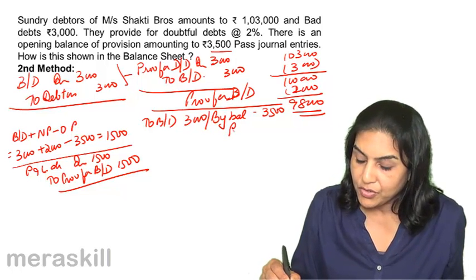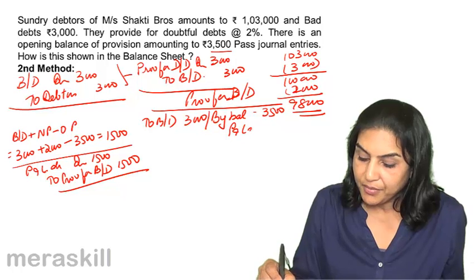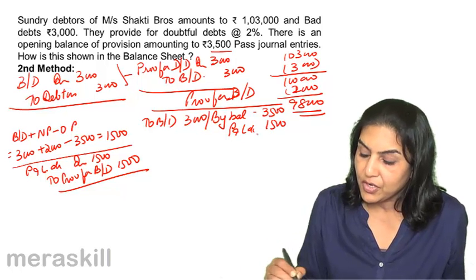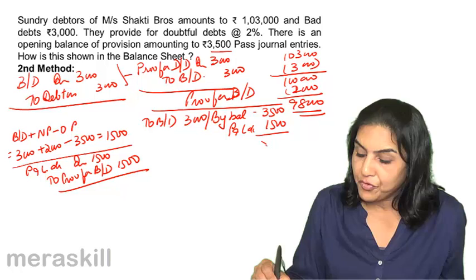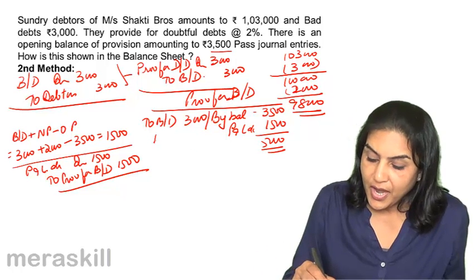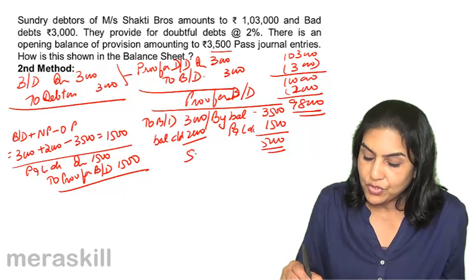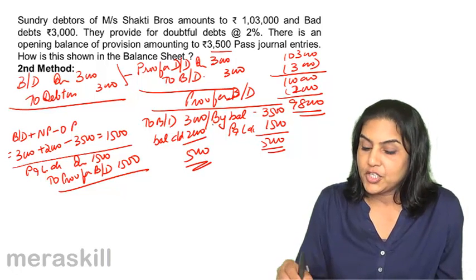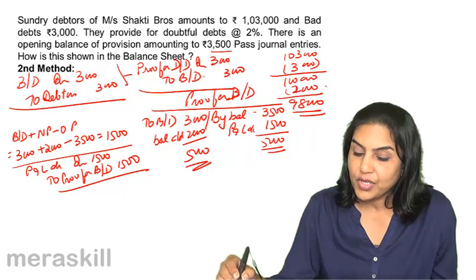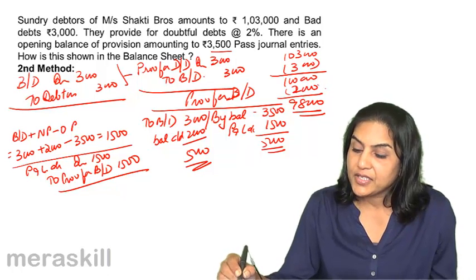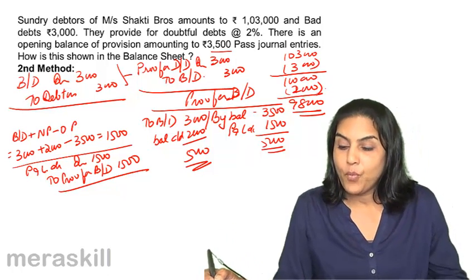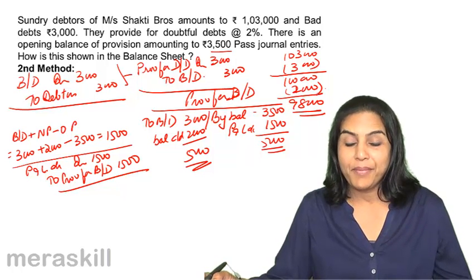Profit and loss account is debited, provision is created by profit and loss account, 1,500. Therefore, you have 5,000 here and the balance carried down is an amount of 2,000. This 2,000 is what is shown in the balance sheet as a deduction from 1 lakh of net debtors.